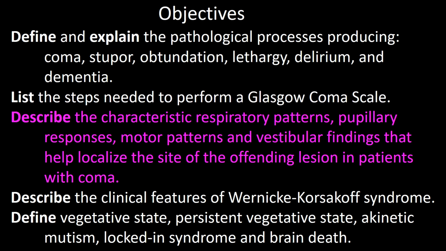to the third objective. This objective is to describe the characteristic respiratory patterns, pupillary responses, motor patterns, and vestibular functions that help localize the site of the offending lesion in a patient with coma.